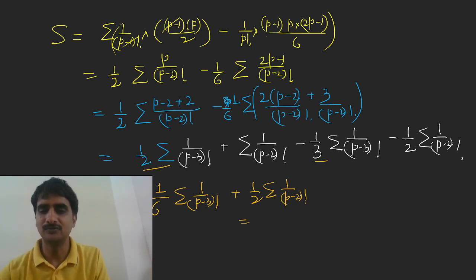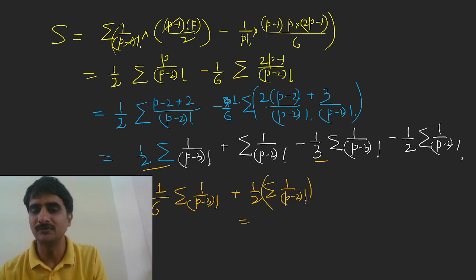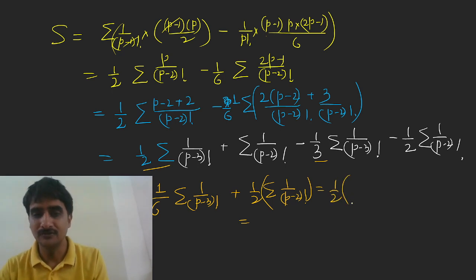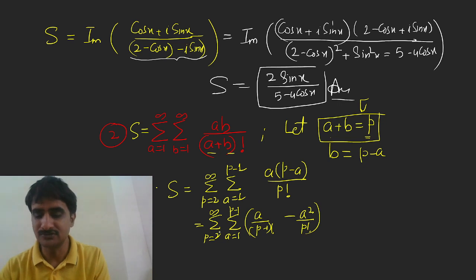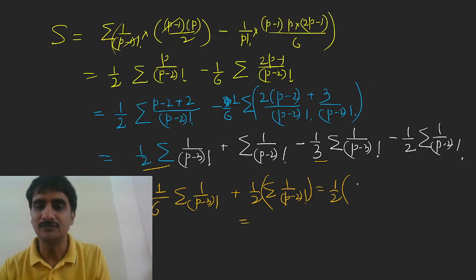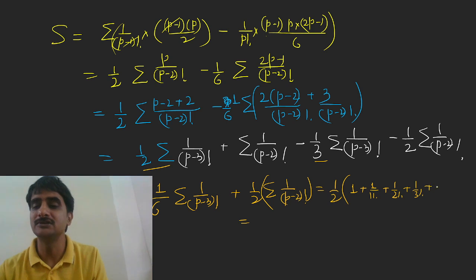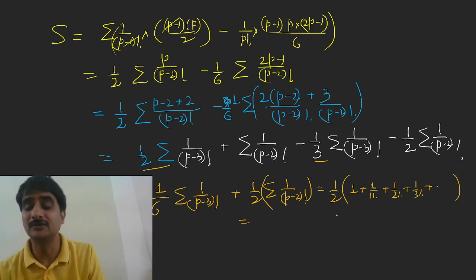Now that's perfectly okay, because if you open this one particularly, I'll write half times, start with p equal to 2, because the lower limit of p is 2. So start with p equal to 2, you get 1 by 0 factorial, which is 1, plus 1 by 1 factorial, plus 1 by 2 factorial, plus 1 by 3 factorial. Which series is it, till infinity? This is nothing but e, so half e.